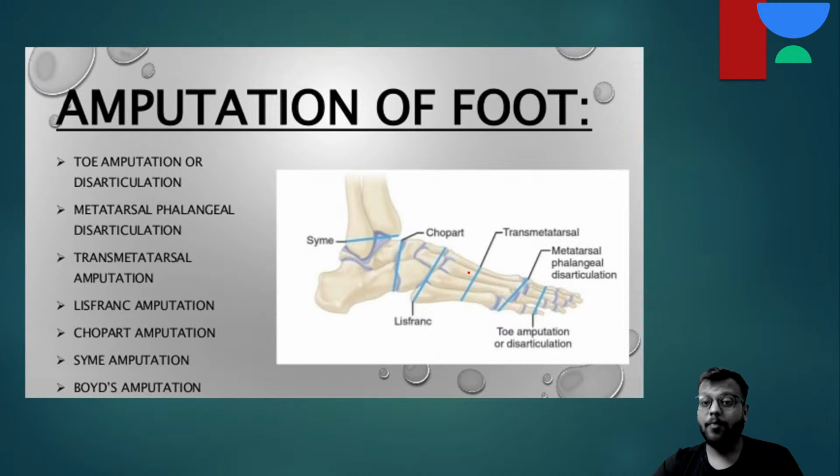तो सबसे पहले अपन ने पढ़ा था Lisfranc. These are your phalanges, these are your metatarsal के head, this is your base of the metatarsal, these are your tarsals, this is your ankle joint, this is your tibia, this is your fibula.